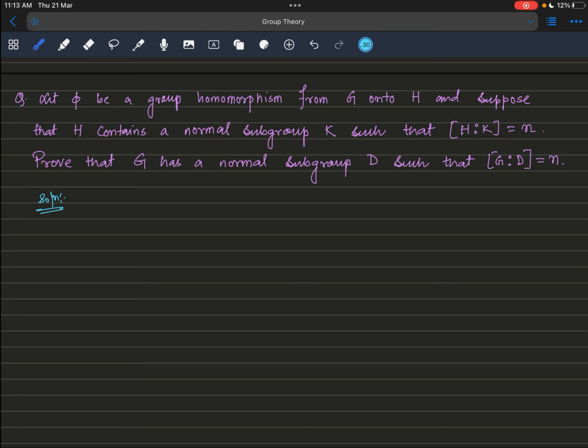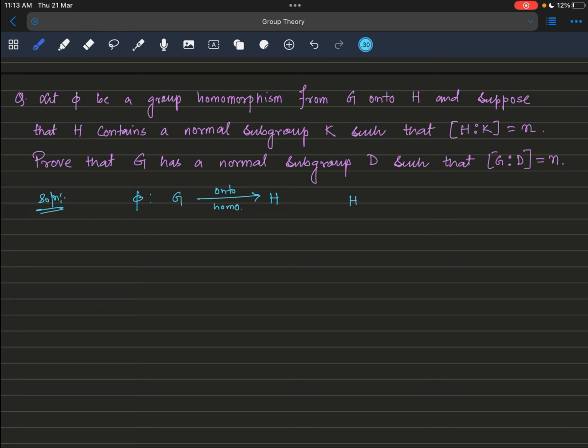Okay, so how do you approach it? We are given phi, a homomorphism from G to H, which is an onto homomorphism. Fine.